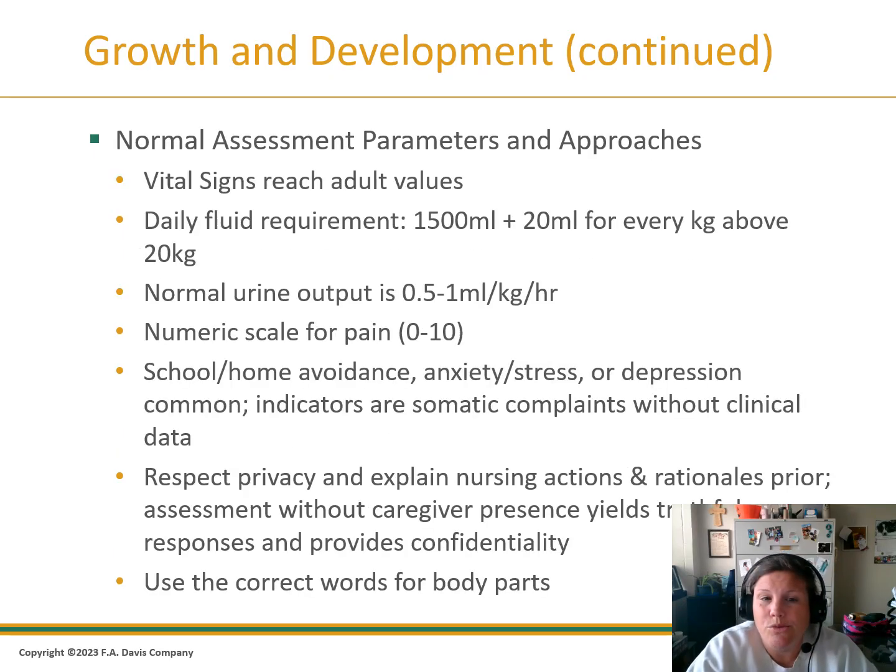So what are our normal assessment parameters for adolescents? While they're continuing to hit those growth spurts and develop in the puberty sense, we would expect that they reach adult values for vital signs. So usually there's little contrast between vital signs in an adolescent and vital signs in an adult, with an exception, and that is athletes.